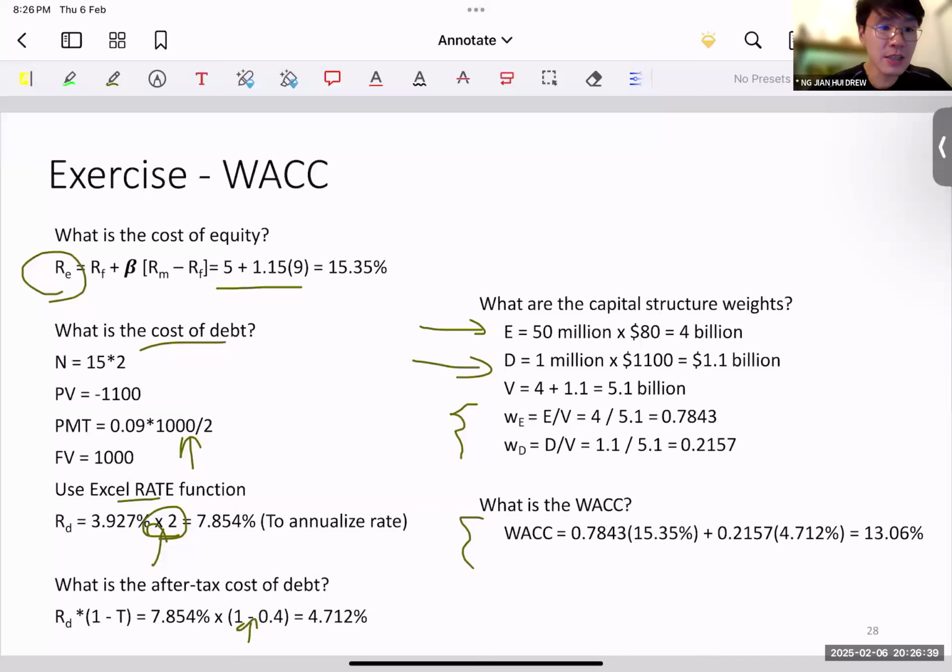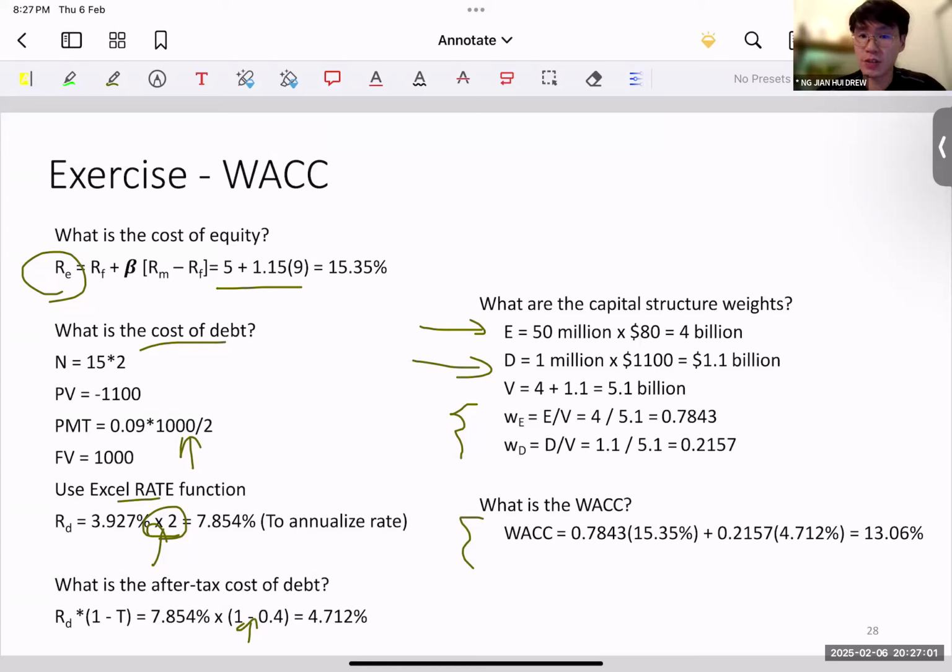If you use the rate function, it gives you the interest rate of the loan, the APR. It's not really a coupon rate.